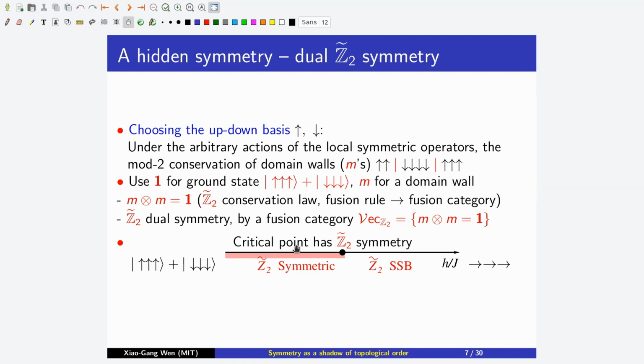So therefore, the phase diagram is that in the original symmetry breaking state, we have a dual symmetric state, but the original symmetric state is a dual symmetry breaking state. And here you already see something very interesting. The critical point actually also has a dual symmetry. So the critical point has both a symmetry and a dual symmetry, although the two gapped phases only have one of a symmetry or dual symmetry. So this is a very interesting feature, which we are going to explore later.